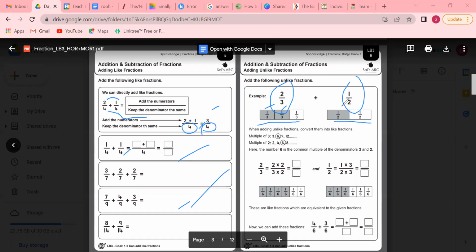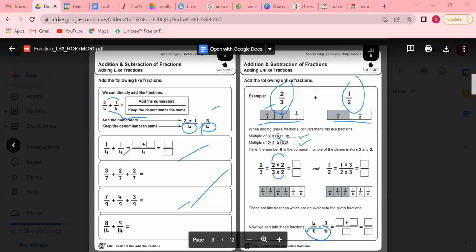Now what to do of this sum where the denominator is not the same? So first we have to make the denominators the same, and if you remember, we have done this. Write the table and see the first common multiple that comes, which is 6, so 3 twos are 6, and the numerator will also be multiplied by the same number. So first is to make the denominators the same.